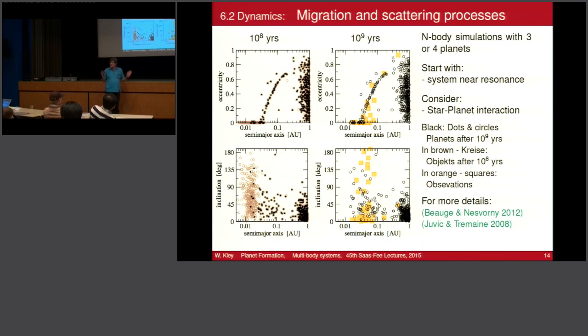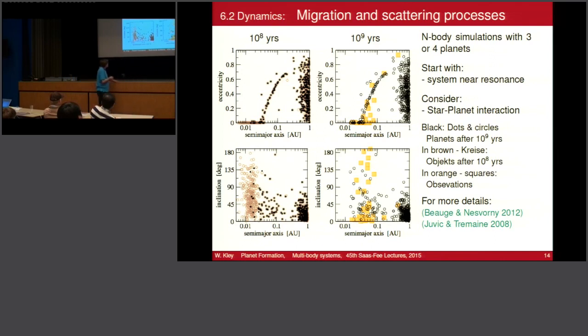So you can get relatively decent agreement with the eccentricity distribution of close-in planets, and as Jurić and Tremaine have shown, with the eccentricity distribution of planets which are even further out. So this is the so-called scattering scenario, the dynamical interactions between the two planets that get these eccentricities excited.